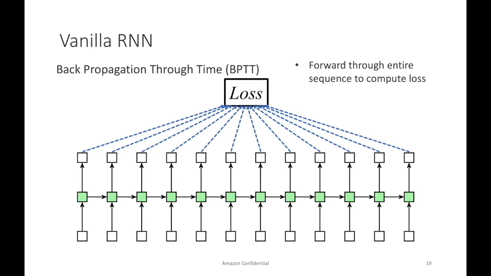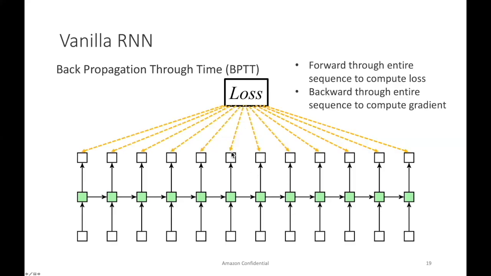That loss we discussed earlier could be frame by frame loss, or it could be that at the end of the sequence you will have just one loss, in the case of sentiment analysis, and then that loss is backpropagated through each of these nodes. Basically the weights are shared, but backpropagation will enable us to compute at each time point what the contribution to the error was, and then that will be used for updating the weights.